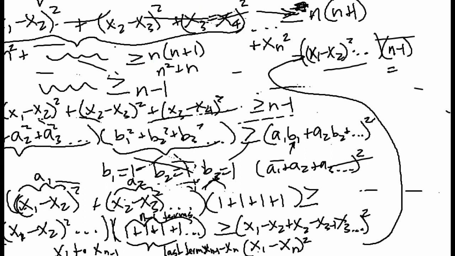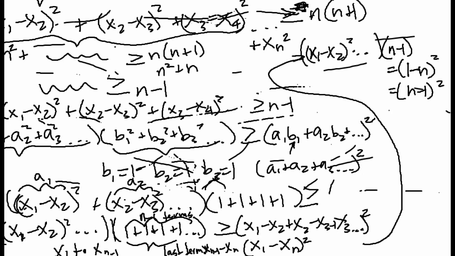is greater than or equal to x1 minus xn squared, which of course is just 1 minus n squared, which is also equal to n minus 1 squared, because squaring just takes away the negative 1.